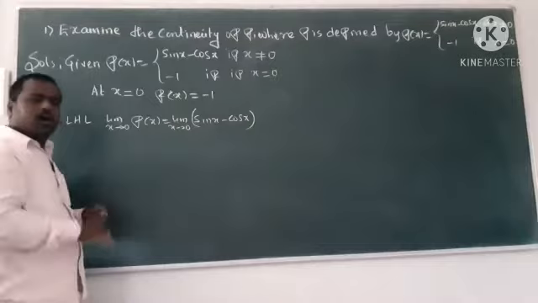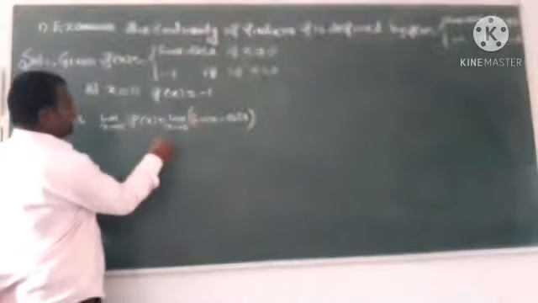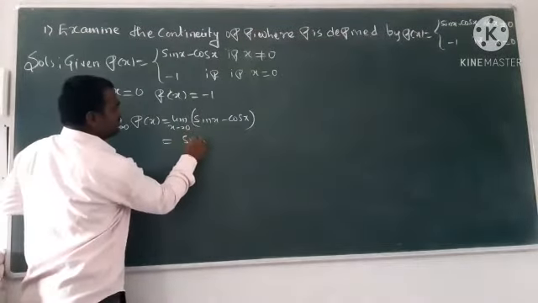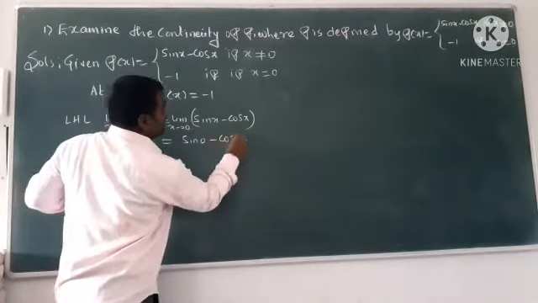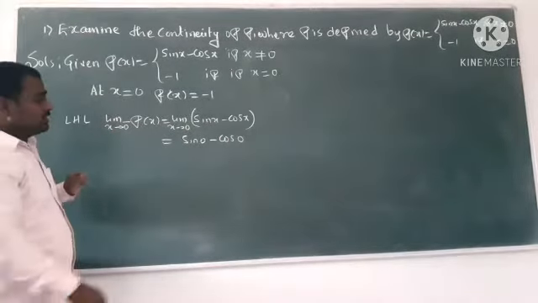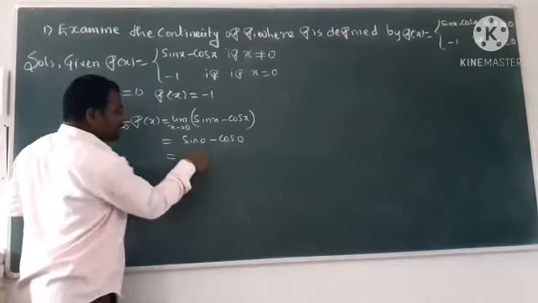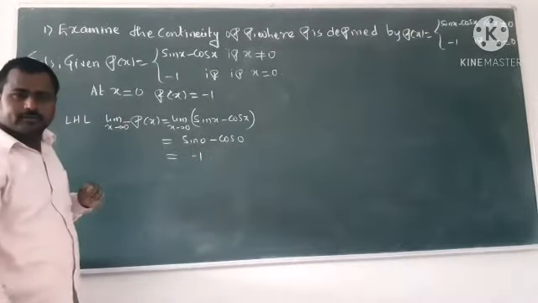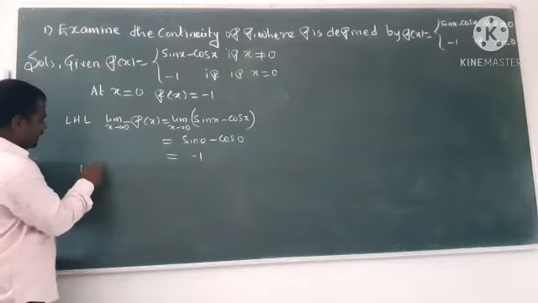Apply the limit. So sin 0 minus cos 0, right? Here for the negative side, what is the value? Minus 1. Correct?